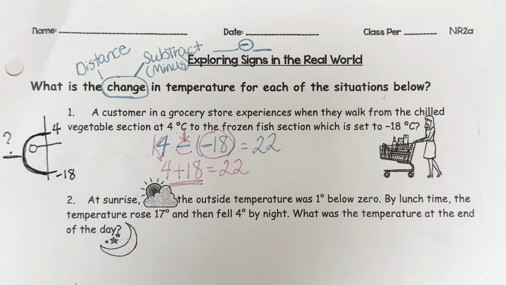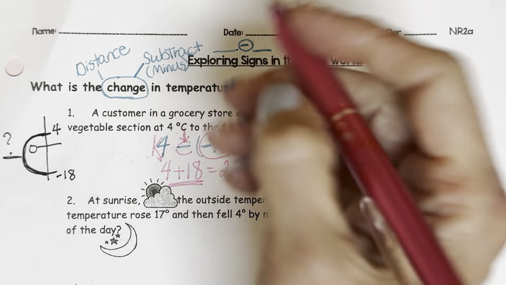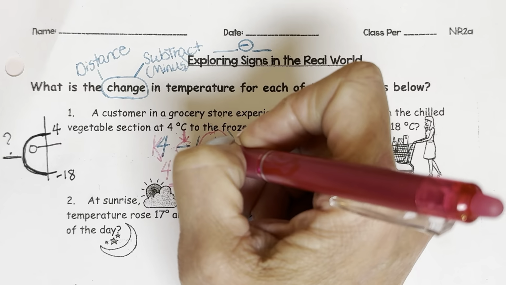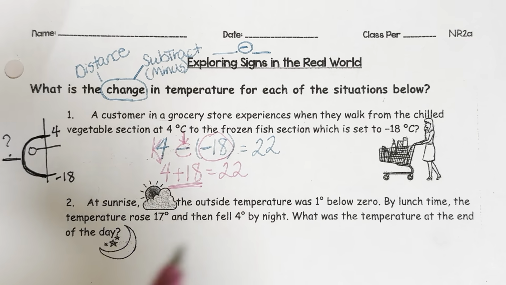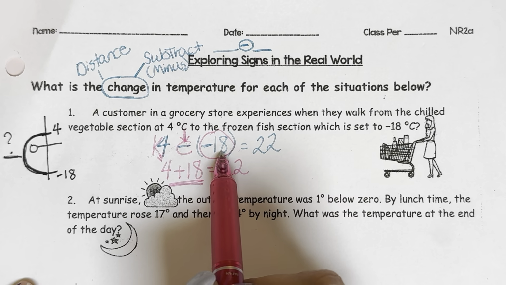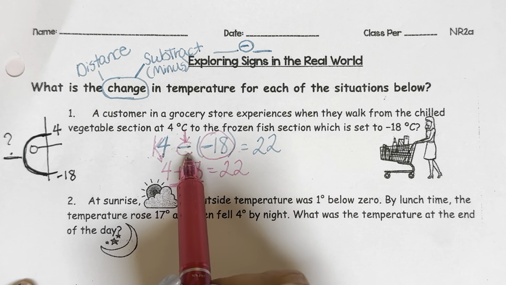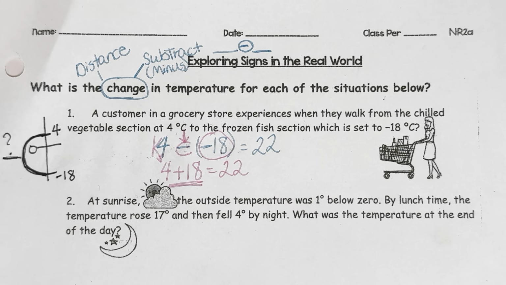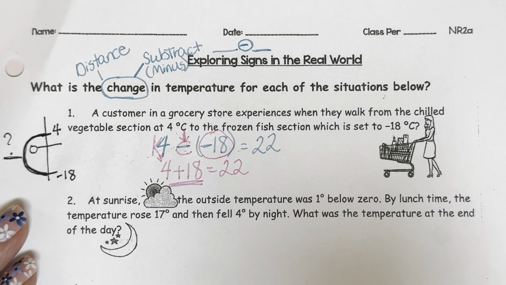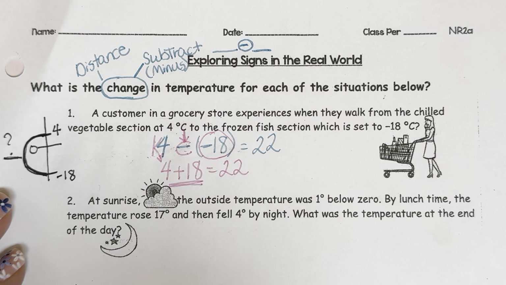Because if you think in terms of when I was telling you about combining, the minus sign right here also means the opposite of. So if you think in terms of combining, we're going to combine positive 4 with the opposite of negative 18. The minus sign also means opposite of, and I need you to go ahead and put that in your head, because when we get to division and multiplication, that's going to be very dominant.